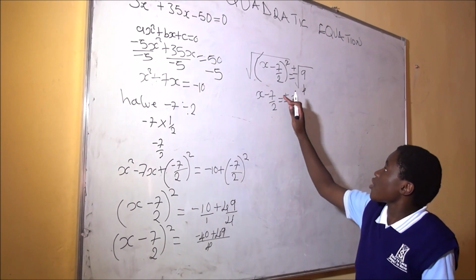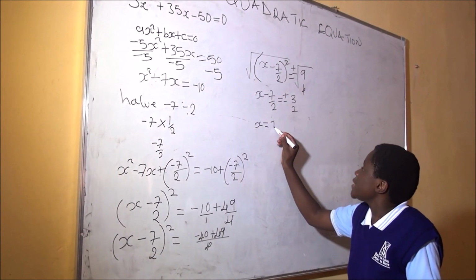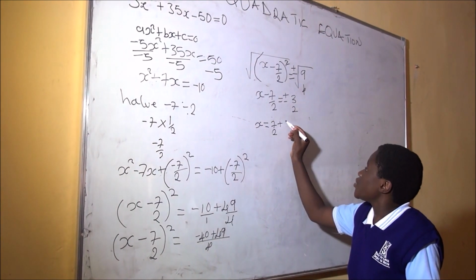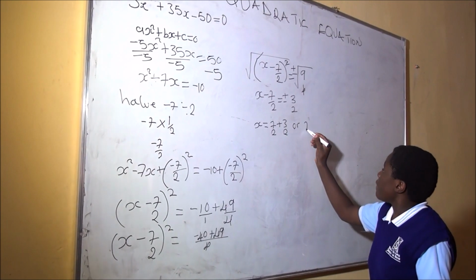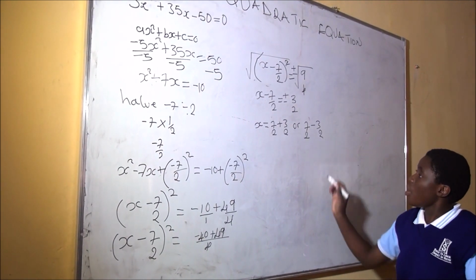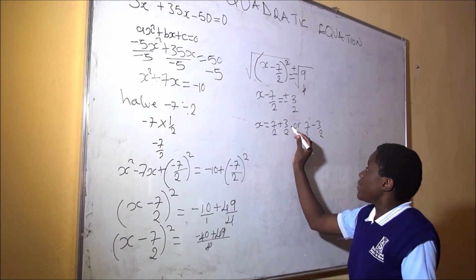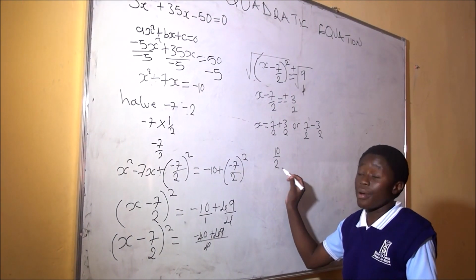Then when this fraction crosses the equal sign, x is equal to 7 over 2 plus 3 over 2, or 7 over 2 minus 3 over 2. When you add 7 plus 3, it's going to be 10 over 2.